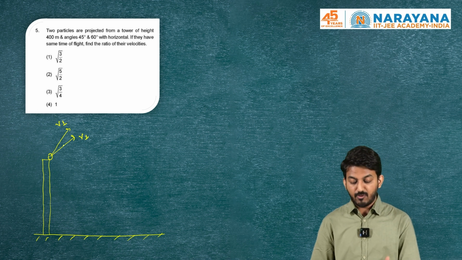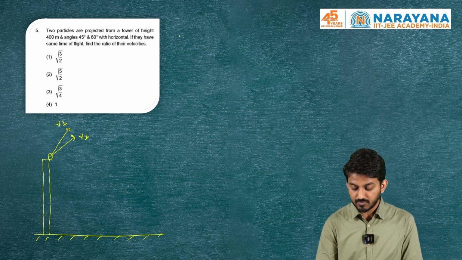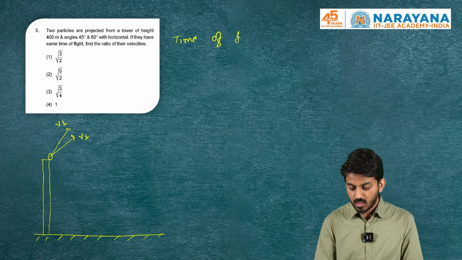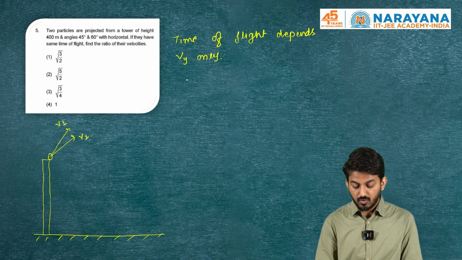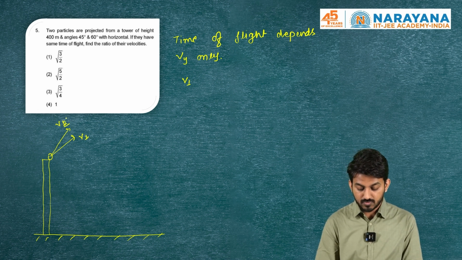Now, the time of flight depends on vy, or y component of the velocity. All right, like that. So because the time of flight is same, we'll equate the time of flights. So v1, this is v2.